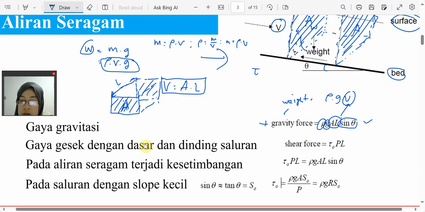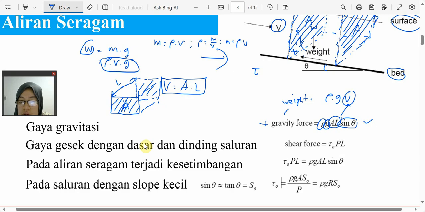And then there is also the tau, right here, the shear force that happens because of the bottom of the channel and also the wall. There are frictions that make the shear force happen in the water.